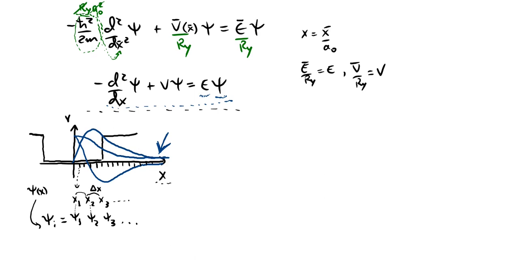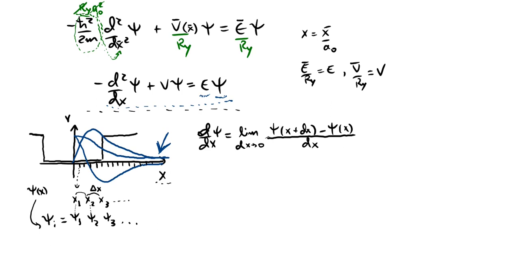This is what I'm looking for, and there is a way of calculating that. I know what the derivative of a function is, right? I can write it as the limit, delta x going to 0, of psi of x plus dx minus psi of x, with a dx on the bottom.